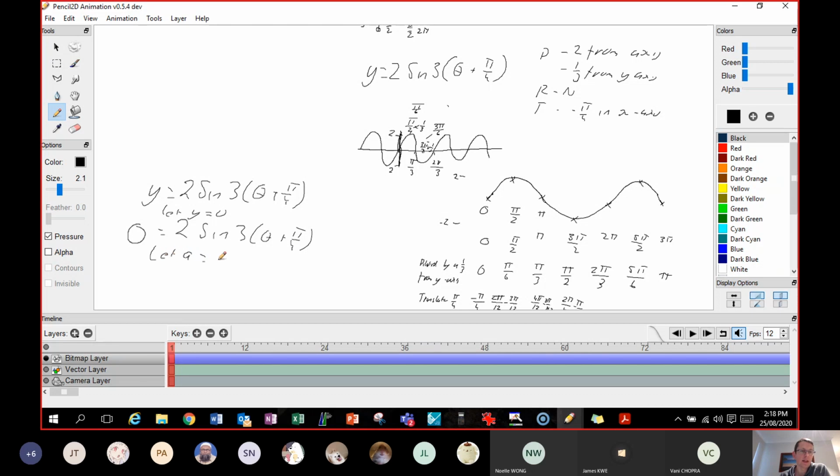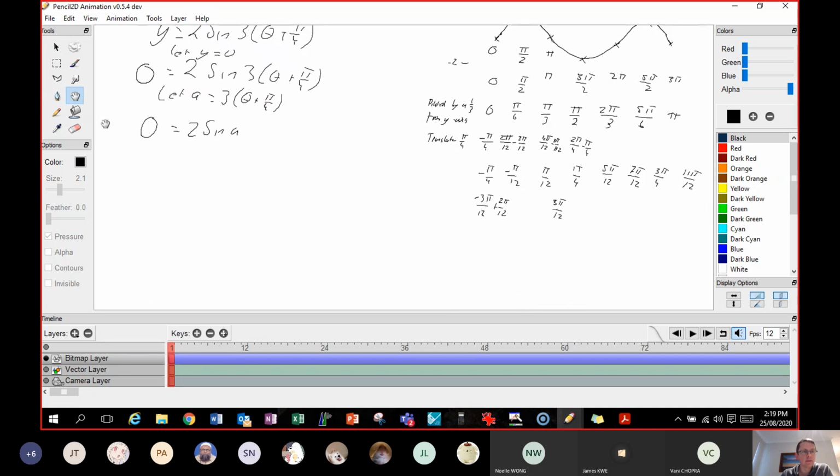Let's say a equals 3 bracket theta plus pi on 4. So we're going to say, well, when does 0 equal 2 sine a? What you're really saying is, I'm going to divide both sides by 2. So it's just going to go, hey, when does sine a equal 0?